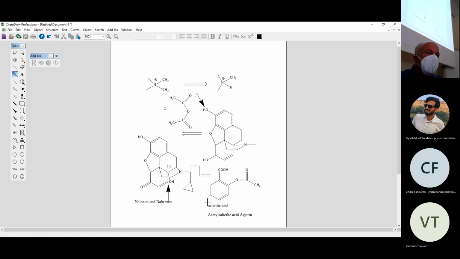We'll see now on the slides, but it's just to describe how we can change the chemical groups on the structure of morphine. Pure antagonist means that these compounds are not able to activate the receptor, but they're able to occupy the receptor.